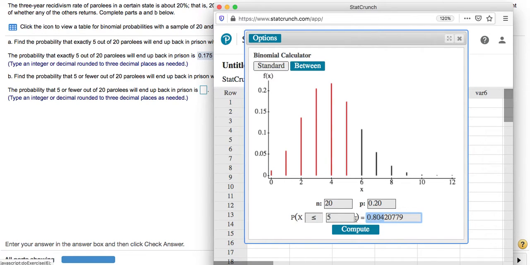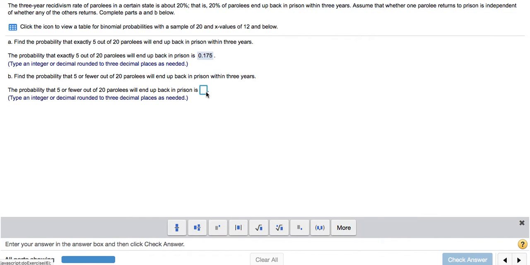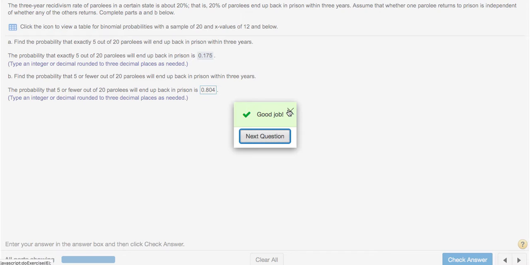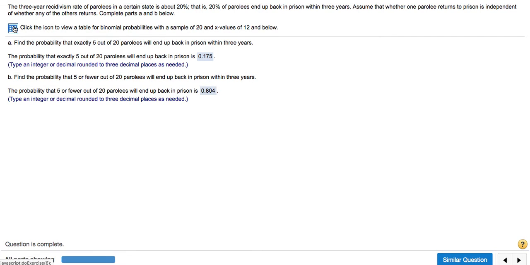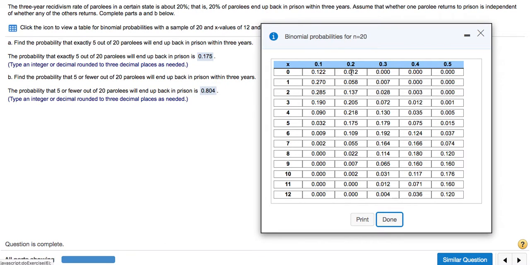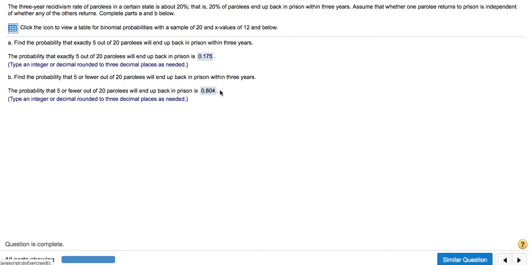Over here, it'll give you the corresponding probability, and rounded to 3 places, it's 0.804. So it's completely fine to use this table. You can just add up those 6 numbers like I mentioned. But I think it's a little bit faster to use StatCrunch since it does the addition for you.